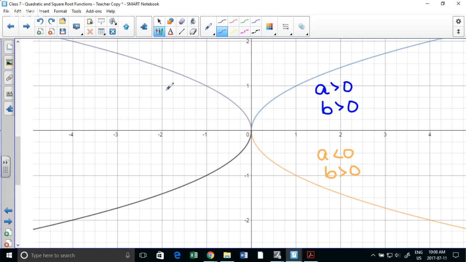For purple case, it's above, so a is positive, but it's below, so b is negative. And for black case, they're both negative. This is going to become super important when we're solving for the rule. Okay, so we need to know these 4 cases. This picture is something you should be sketching onto your memory aid.